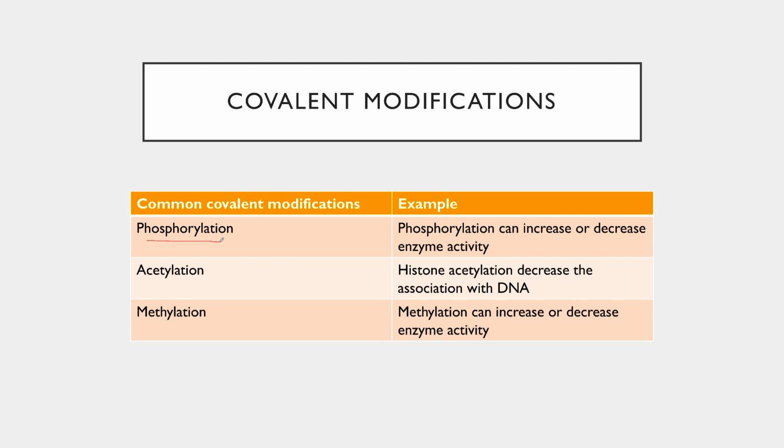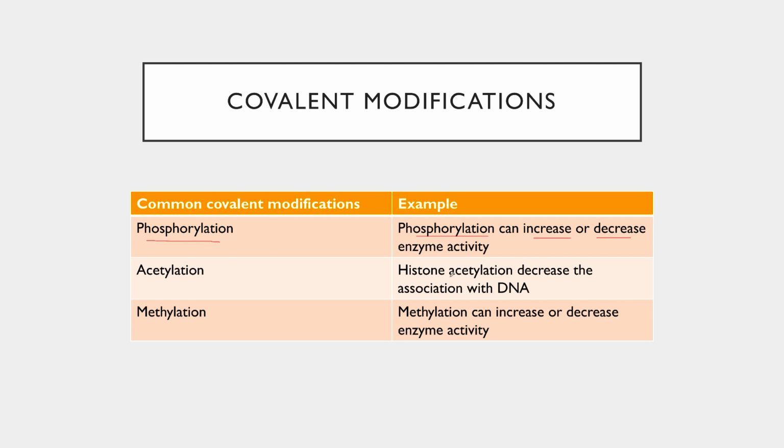While the most common effect is on the protein's catalytic efficiency, phosphorylation can also alter the protein's location within the cell, its susceptibility to proteolytic degradation, or responsiveness to regulation by allosteric ligands. It's important to remember that phosphorylation can increase or decrease enzyme activity, and we'll discuss those in context throughout the course.